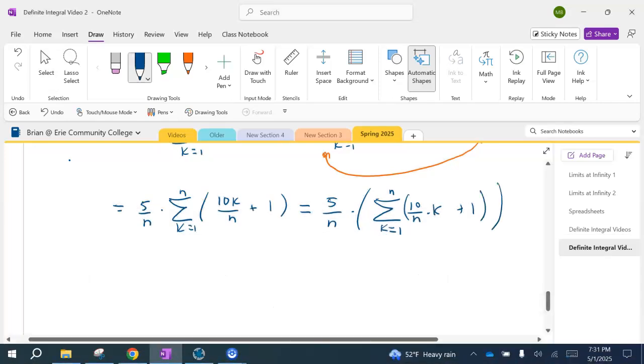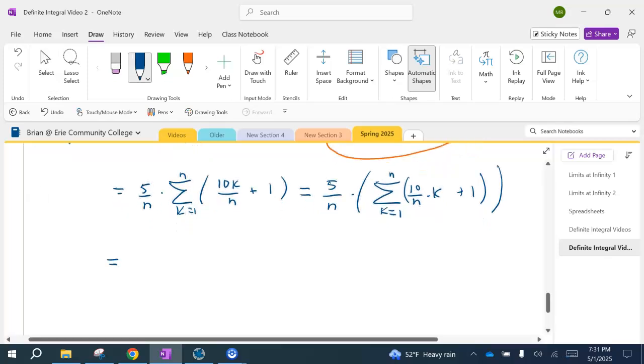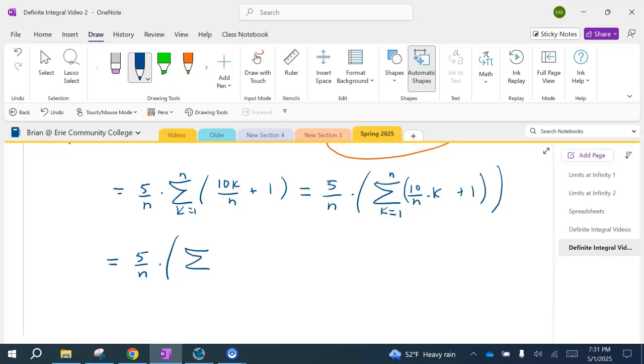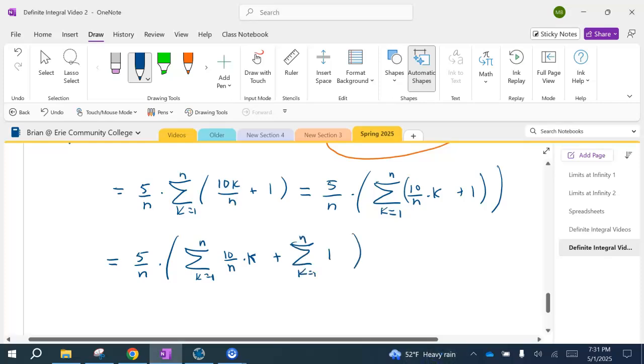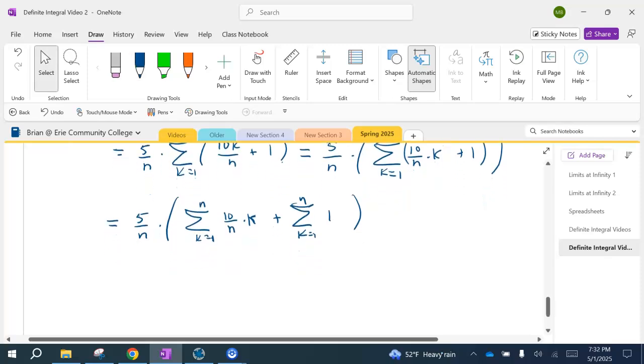All right, and we're going to split this up into two sums, and then we're going to apply the summation facts we discussed before. So continuing here, 5 over n times, now I'm going to use this big parentheses, we're going to have two summations. And then one more step before we can apply the summation formulas, we can for the second sum that's in here, but not for the first one yet.